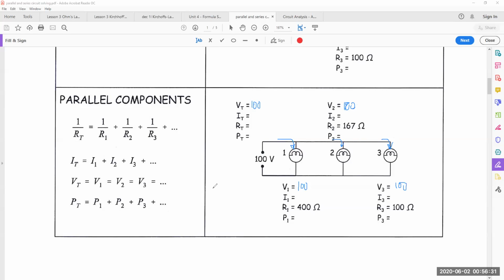Similar. So now you can see I have 2 knowns for each one of them, so I'm going to find the I. Here I2 is going to be V divided by R, which is 0.6 amps.